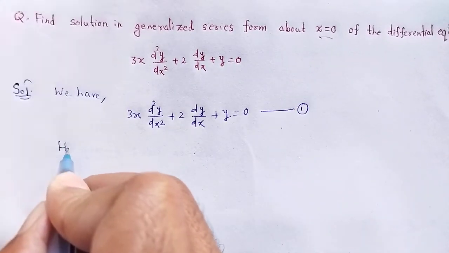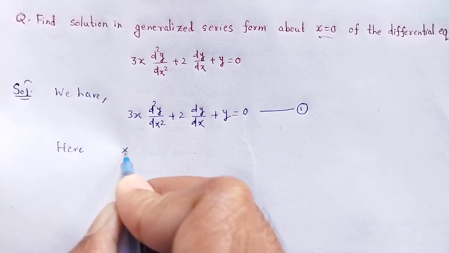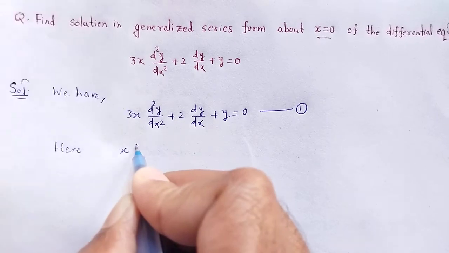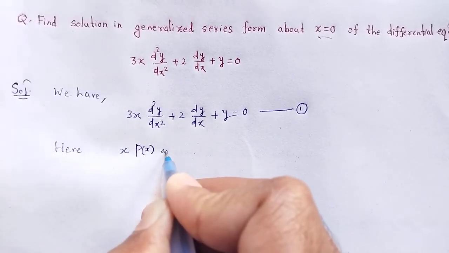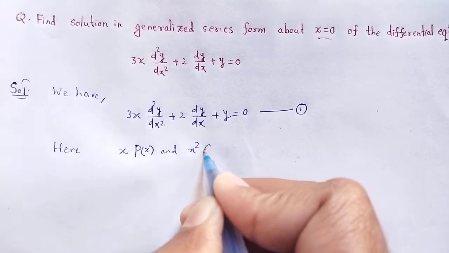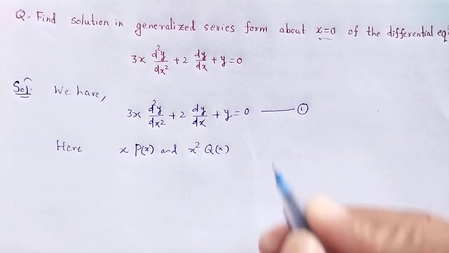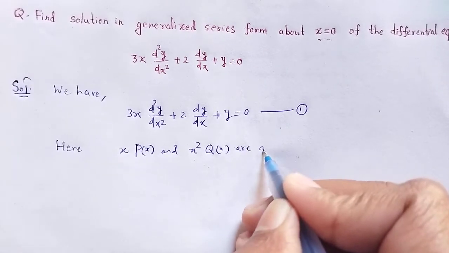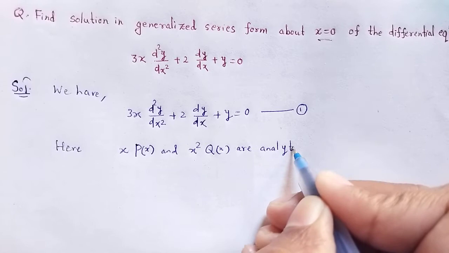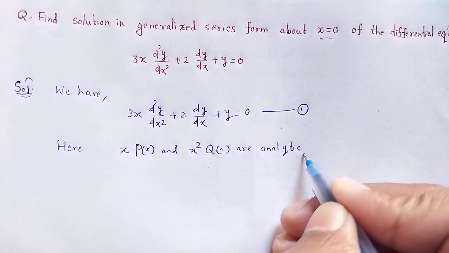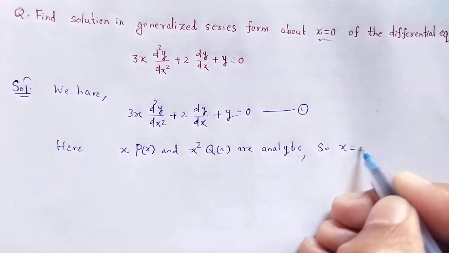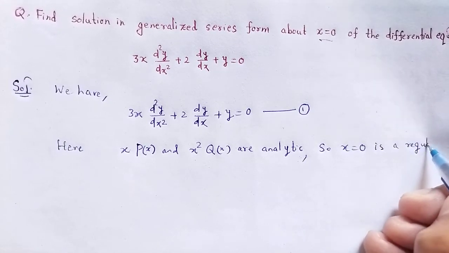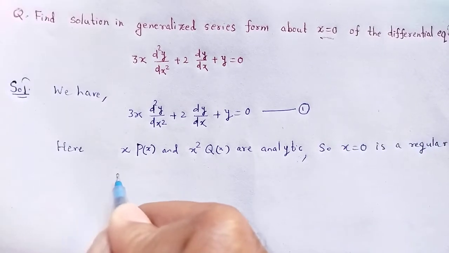Here x into p of x and x square into q of x are analytic. So x is equal to 0 is a regular singular point.